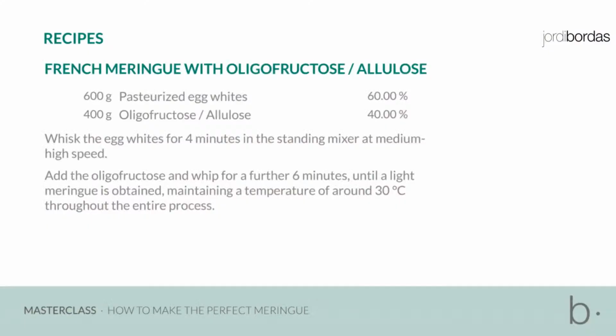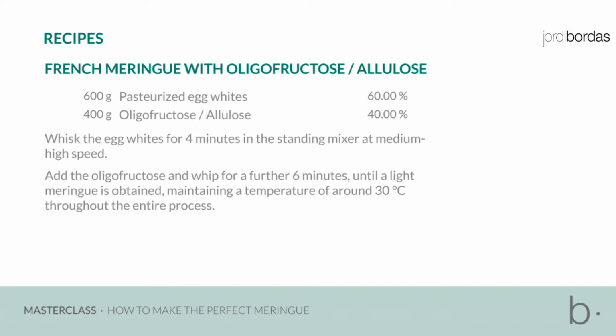Meringue with oligofructose, that means that here we have the same, 60% of egg whites, 40% of oligofructose. We are going to see now what is allulose, and the process is the same: whisk for 4 minutes in the standing mixer at medium-high speed, that means 80% of the speed.